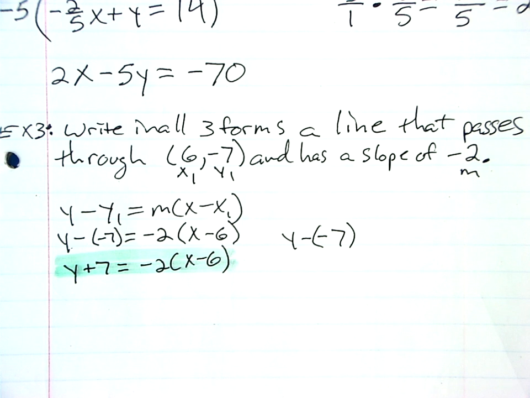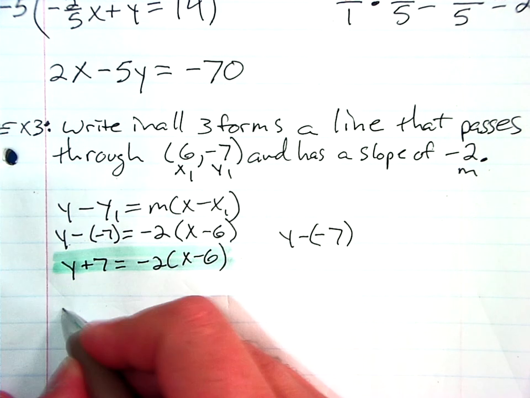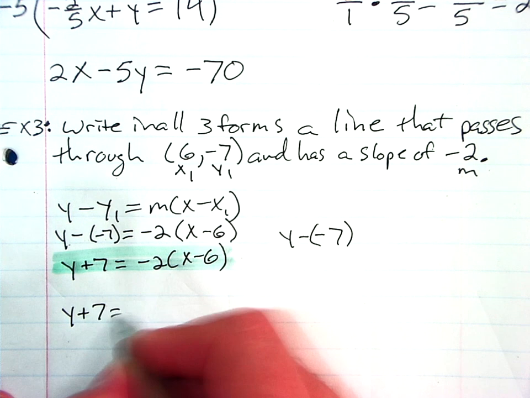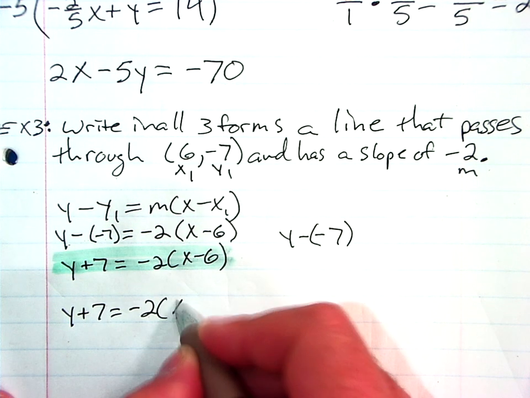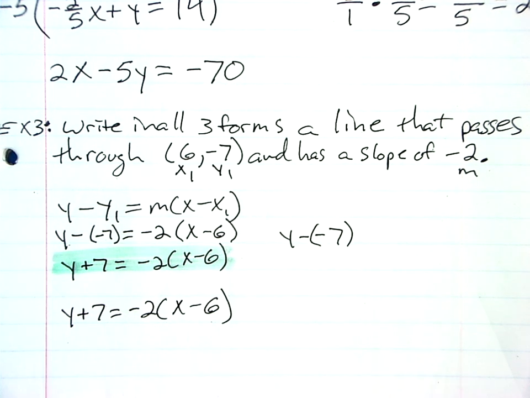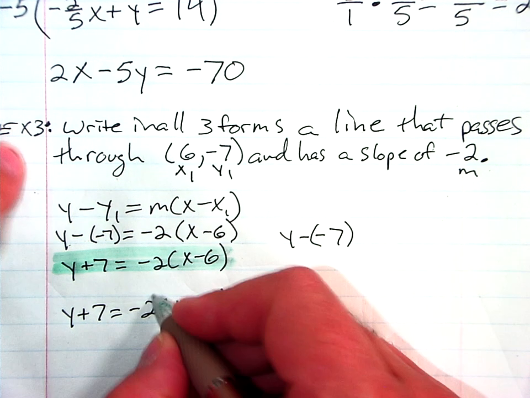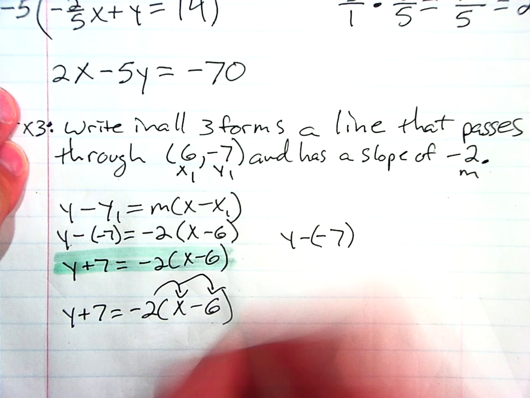Yes, I think so. All right, so next, what I have to do is turn this, I'm going to just rewrite it. Remember, slope-intercept is y equals mx plus b. So what should I do with this -2 in the parentheses? Distribute it is the correct answer.